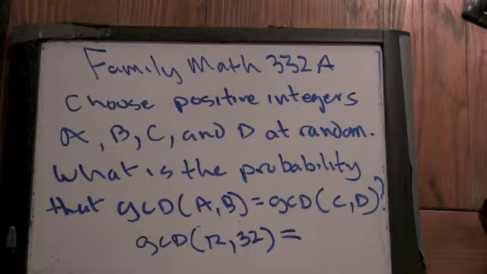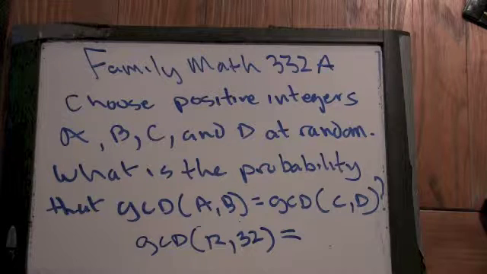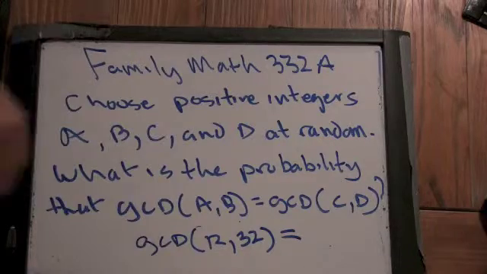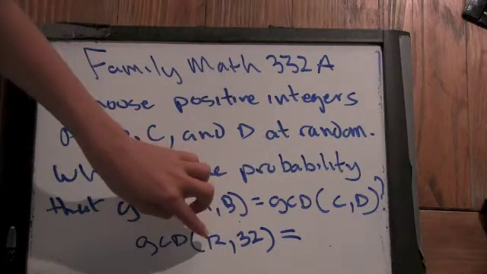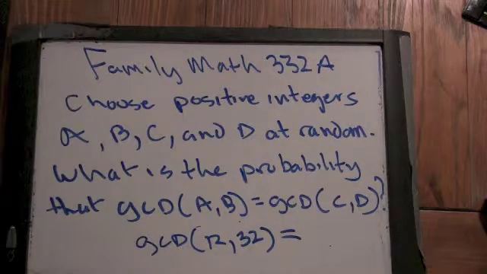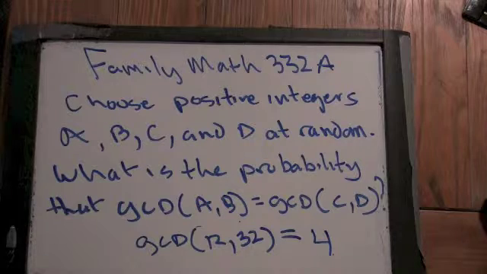And 3 doesn't go into them? 3 goes into 12, yeah, but it doesn't go into 32. 32 is 2 to the 5th, so all it has is 2's, and 12 only has 4 in it. So the greatest common divisor would be 4. Okay, good. Do you understand that? I do.